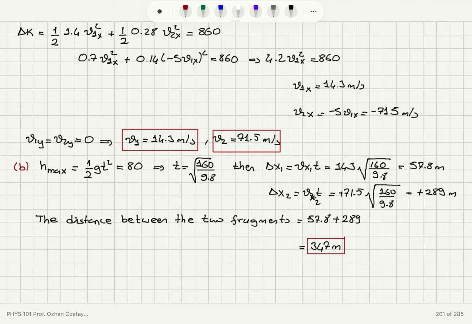And this is basically giving us a distance traveled on the x-axis, 57.8 meters for fragment 1, 289 meters for fragment 2, but because they're traveling in opposite directions, to find the distance between them, we need to add them up, and the final answer is 347.